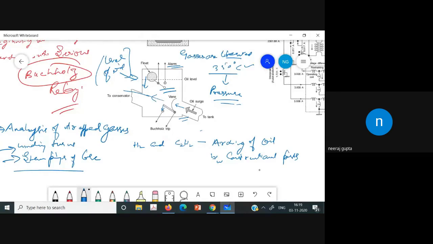Then, if the gases are hydrogen and methane, in that case it is arcing with deterioration of insulation, or a fault in the tap changer.